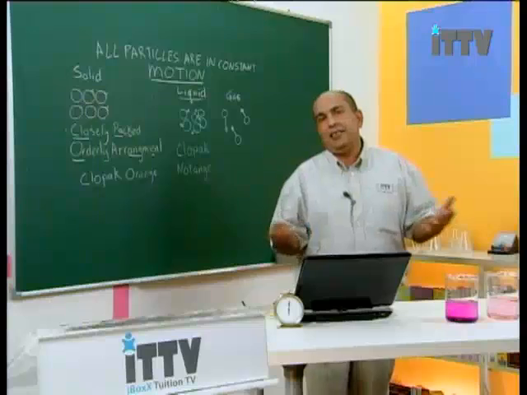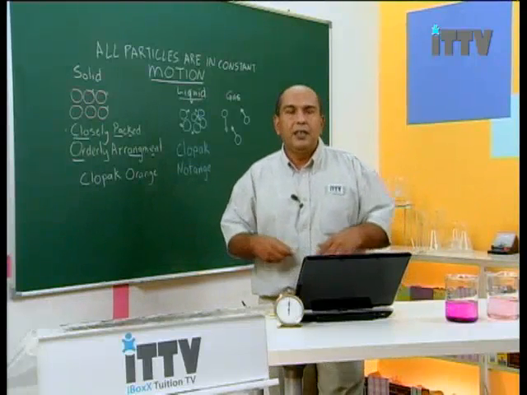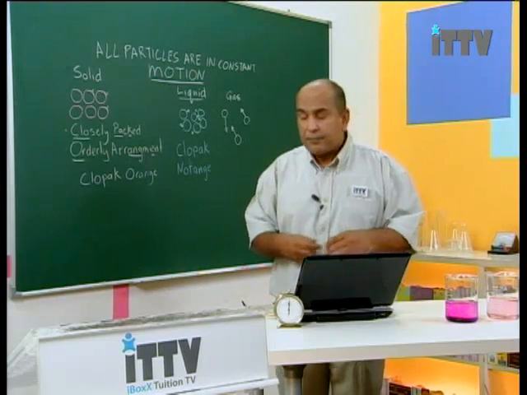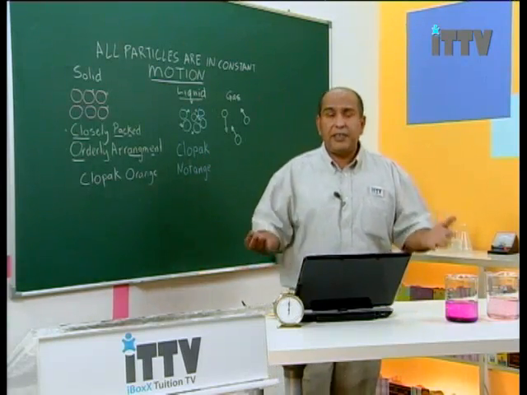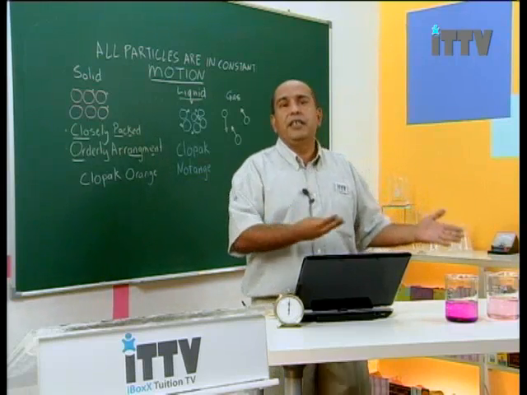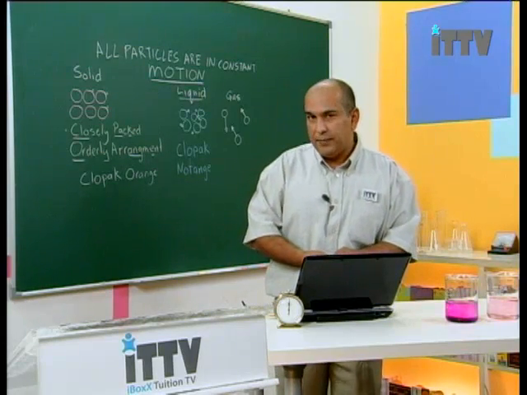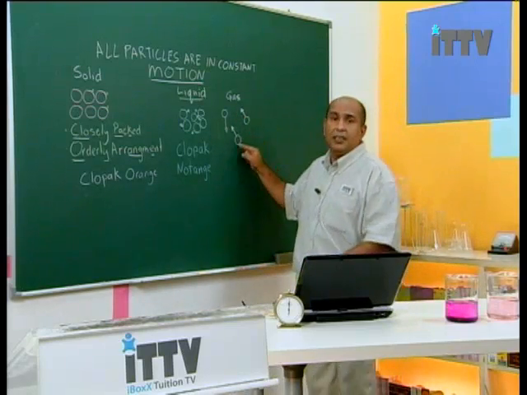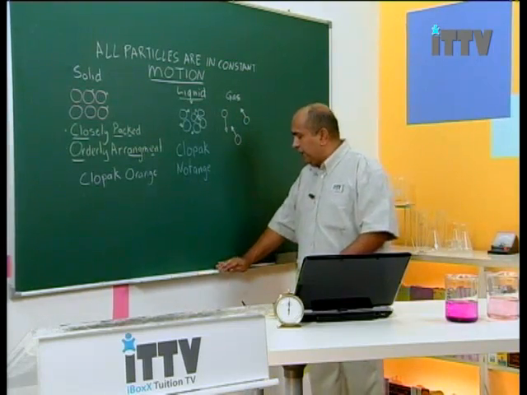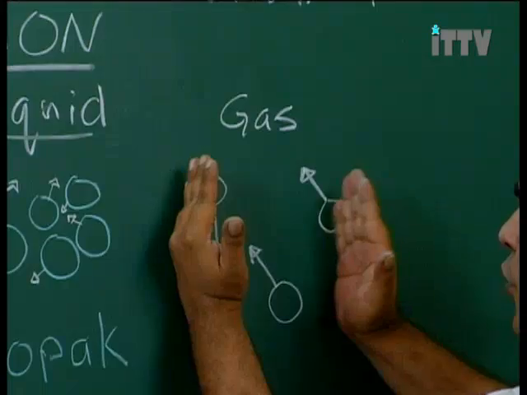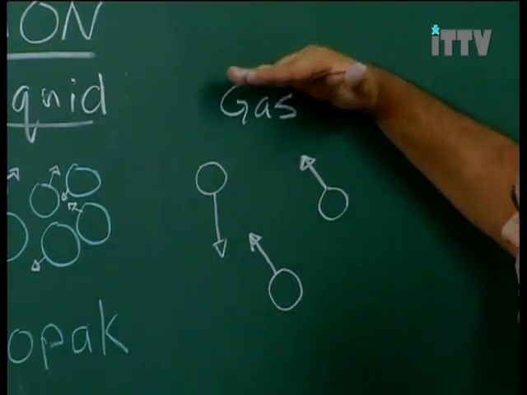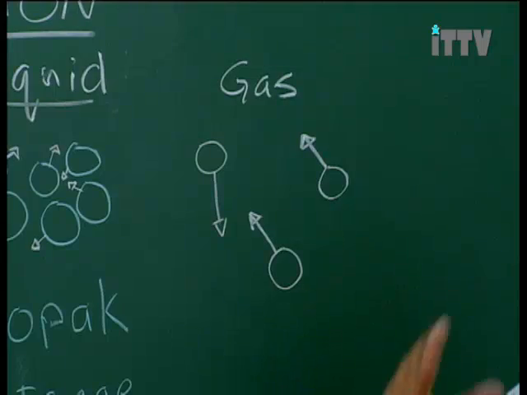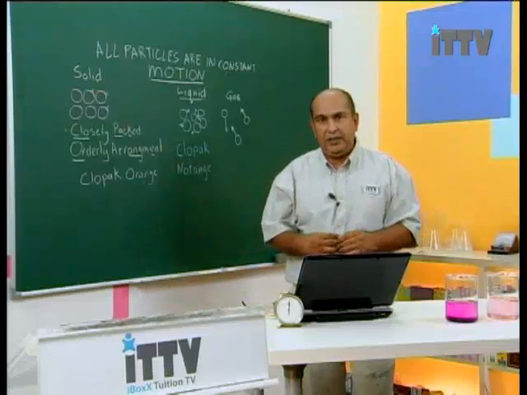So as you know, a gas, the particles are so far apart, the volume of a gas is the volume of the container it is in. The shape of a gas is basically the shape of the container that it is in as well. And because the particles are so far apart, it is very easy for me to push them closer together. Okay? I can easily push it closer together, which means gases can be compressed.